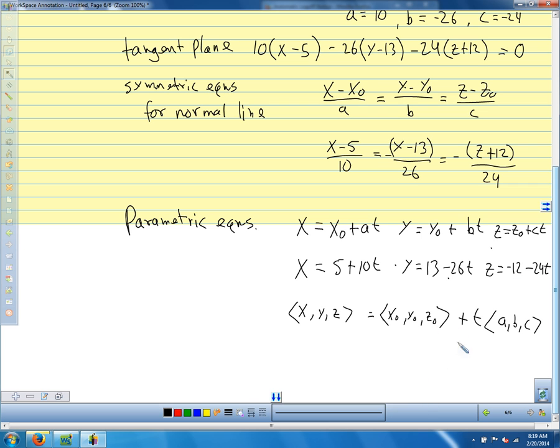So that would be the vector equation. Or you could say r equals r0 plus t v, where v is our parallel vector, if ABC is our parallel vector. So that would be our vector equation. Normally this book likes to ask for the symmetric or the parametric equation, but it's good to know the vector equation.